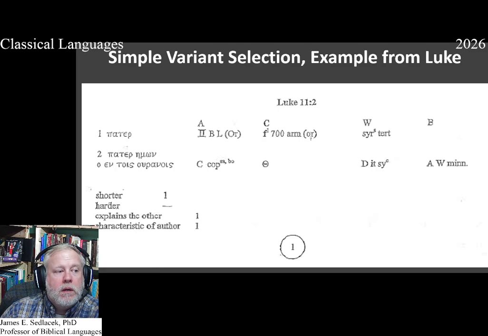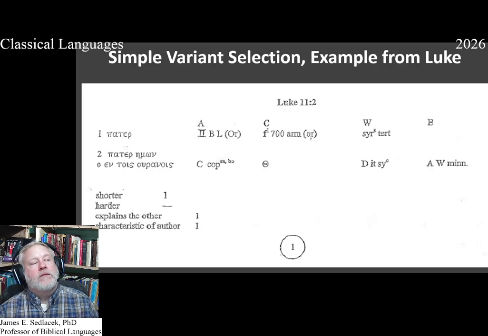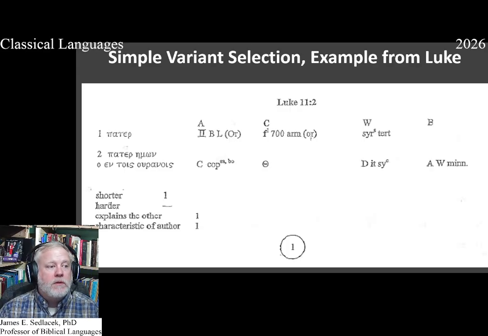Neither one of them are, when we deal with something that's harder versus easier, smoothed out grammar versus rough grammar that's hard to figure out what the author means. So if it is harder, something is complex there, and it was simplified in the later manuscripts. We see that kind of thing happen very often, so that's what we mean by there.